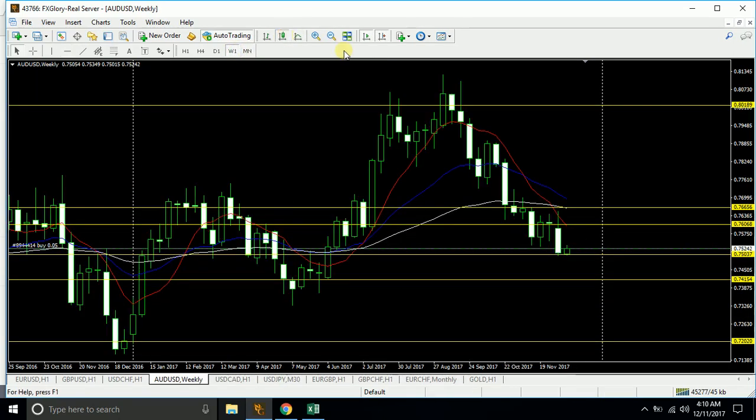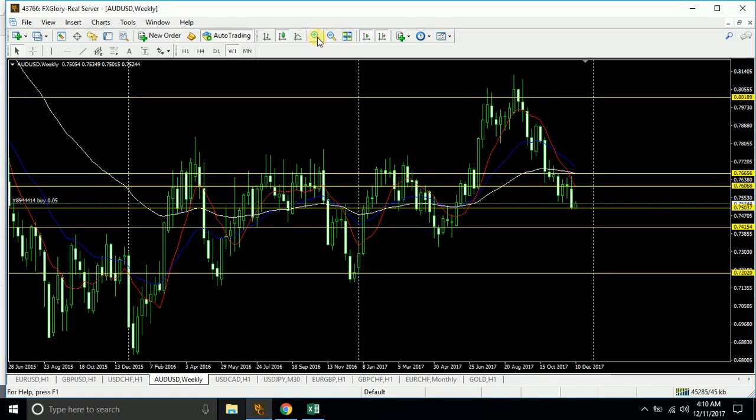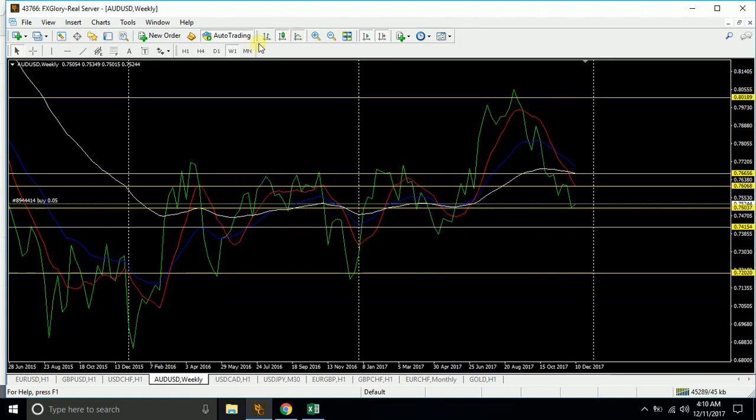Weekly candles. Now this is what we're looking at. Let's go back to our lines. Let's do the same thing for the weekly.